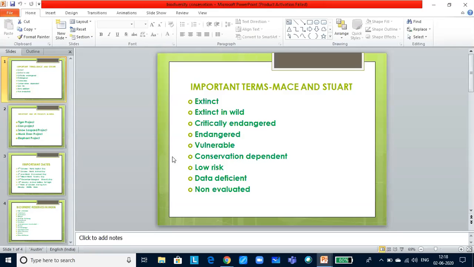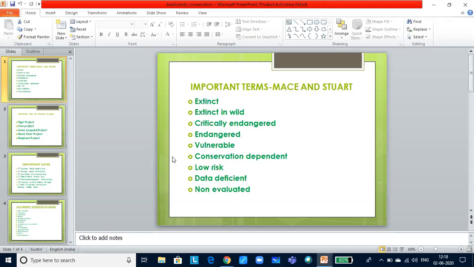Its purpose is to provide awareness of the degree of threat to biodiversity, provide a global index about the decline of biodiversity, identification and documentation of species which are at high risk of extinction, preparing conservation priorities, and help in conservation action. Now, according to Mace and Stuart, they identified these categories, and these categories are very important.